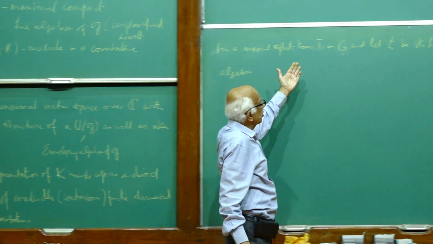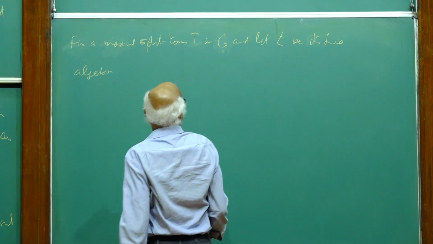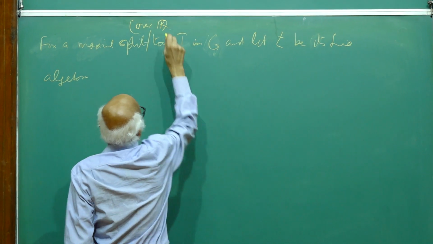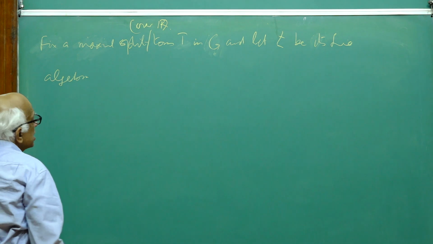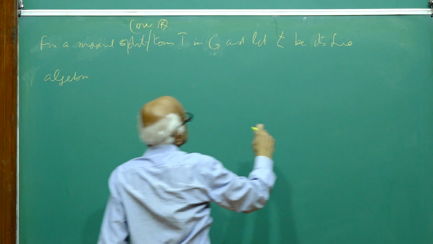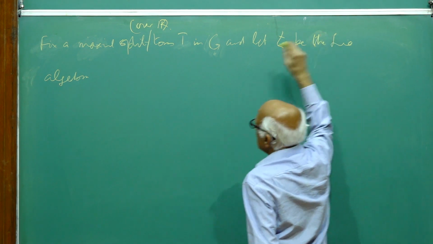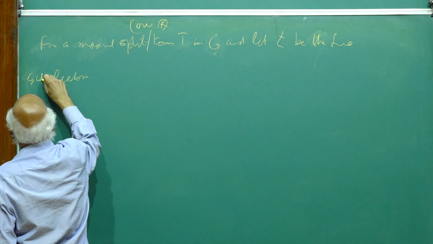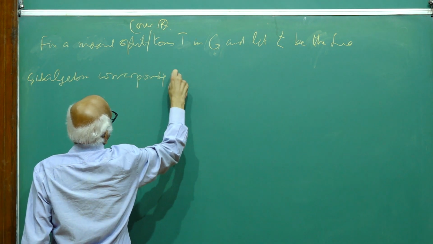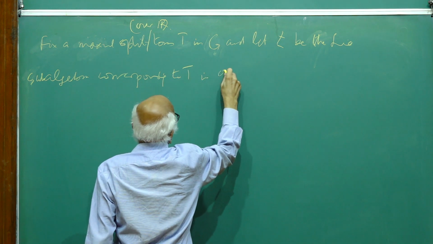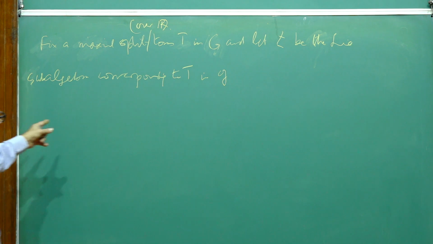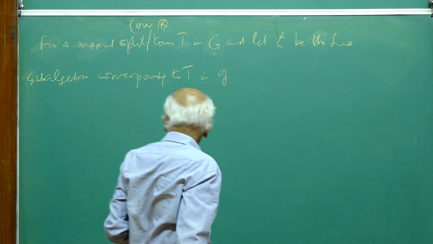So a maximal split torus T in G, and the Lie subalgebra corresponding to it. As I said, I will also use the same notation for the complexification as well.